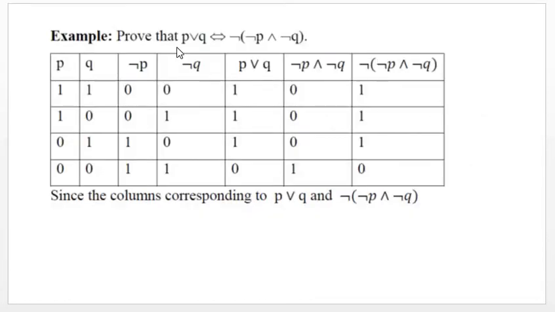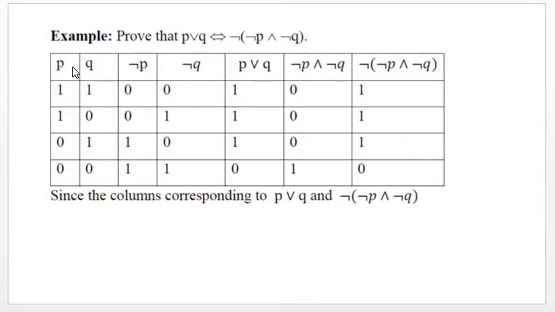To prove the logical equivalence between two given statements, we can use the truth table. Here is an example. Show that P or Q is logically equivalent to negation of P and negation Q. So construct the truth table.